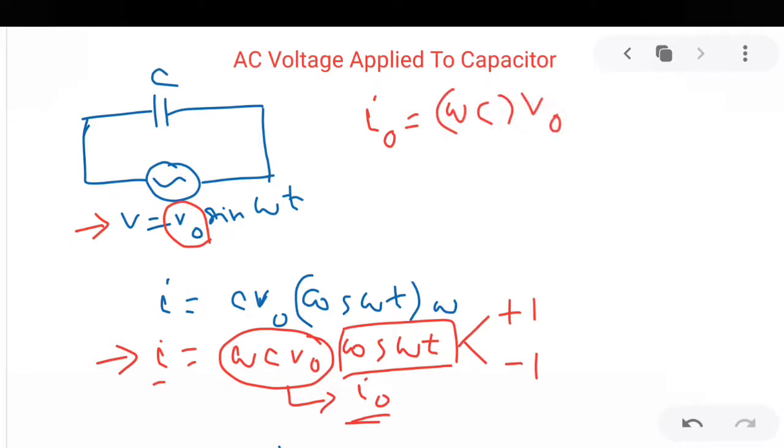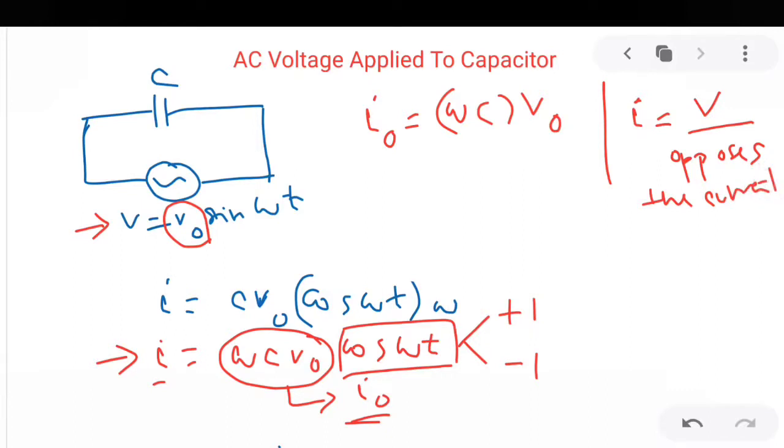Okay. Now see, from Ohm's law, we know that current is equal to voltage divided by the term which opposes the current. Like in a resistor we have current equal to voltage divided by resistance. Okay.